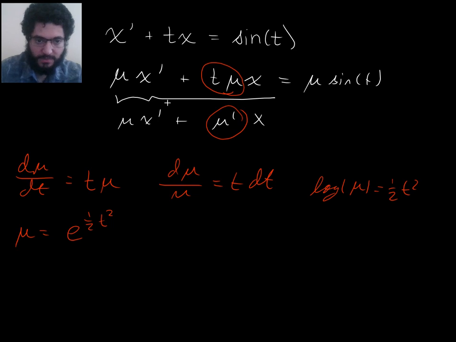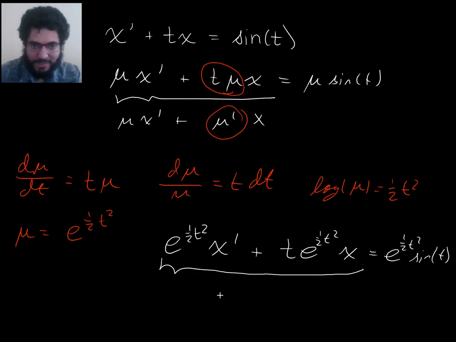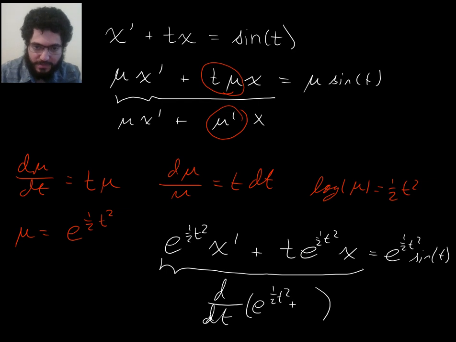Then I go back to the original differential equation and stick in the integrating factor. So I've got e to the 1/2 t squared x prime plus t e to the 1/2 t squared x equals e to the 1/2 t squared sine of t. And now, like magic, this left side has become a derivative of a product: e to the 1/2 t squared x.